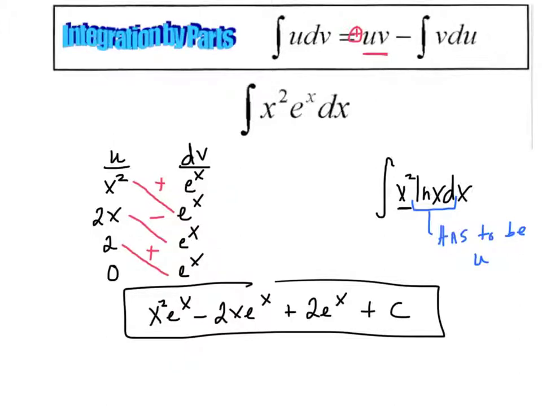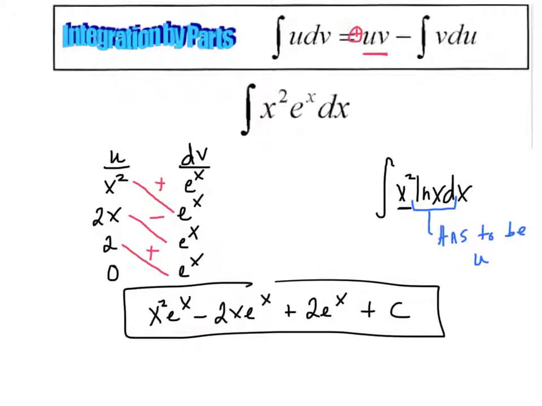Tic-tac-toe works great, but what if both functions are non-terminating, like a trig function multiplied by an exponential function? Or what if one of the functions is natural log? Those are cases where I would continue to use the magic 7, actually using the formula.